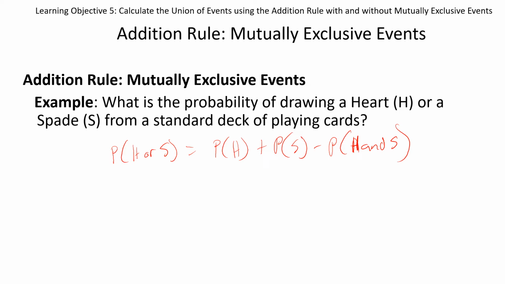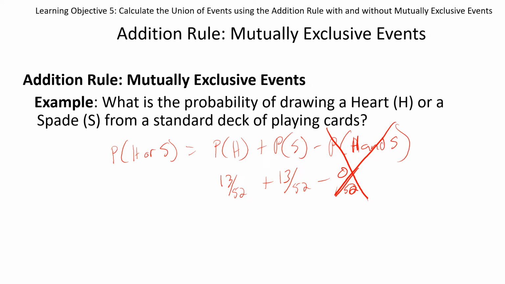Probability of a heart is 13 out of 52. Probability of a spade is 13 out of 52. The probability of a heart and a spade is 0 out of 52. So because it's 0, when events are mutually exclusive, we can just eliminate that.